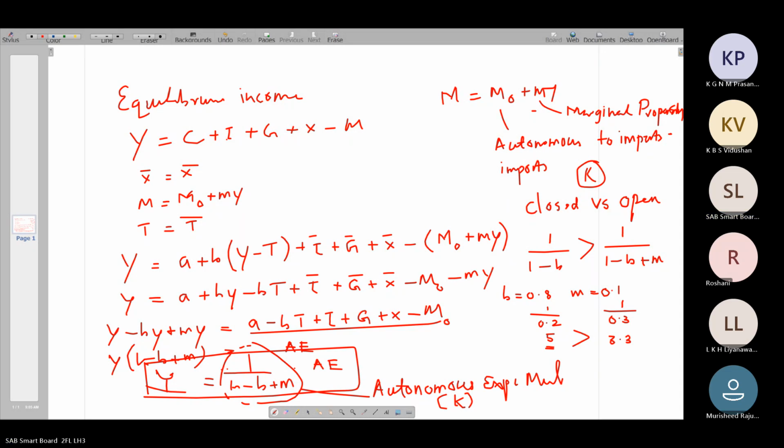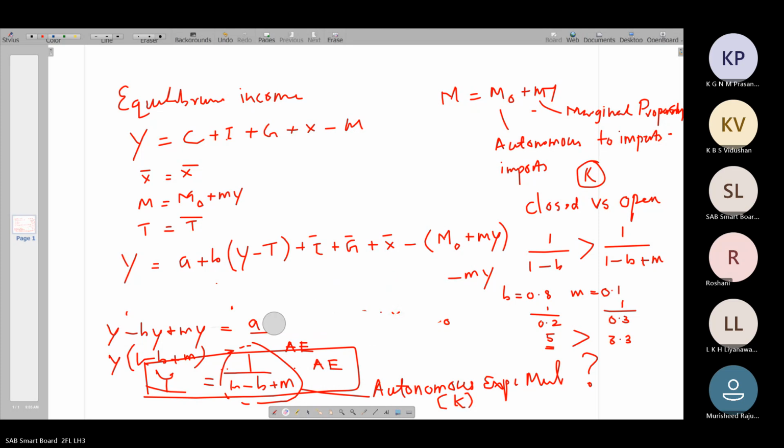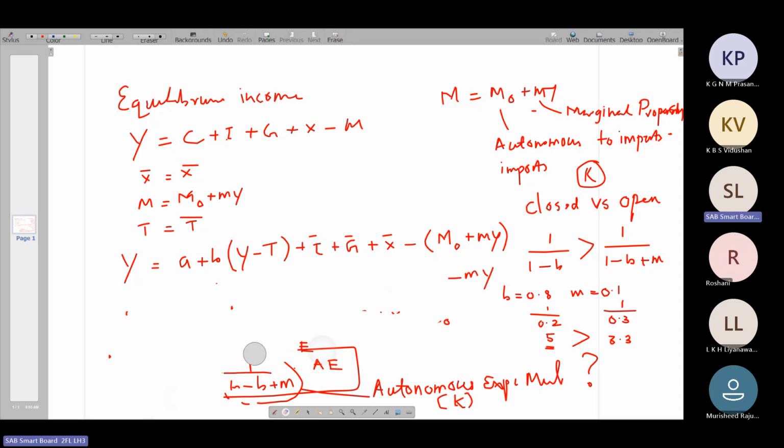So why is that? The closed economy multiplier is more powerful than the open economy multiplier, so we need to think. Closed economy means there is no transaction with the rest of the nations, no imports and exports.